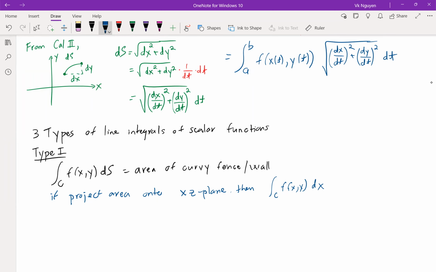If you project the area onto the yz plane, then you get the integral of f(x,y) dy. You can integrate with respect to x or with respect to y.